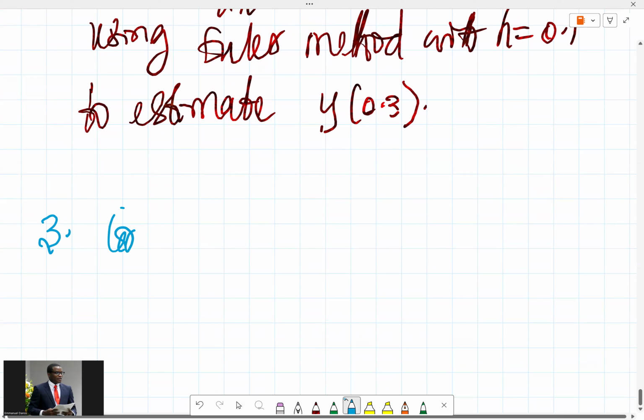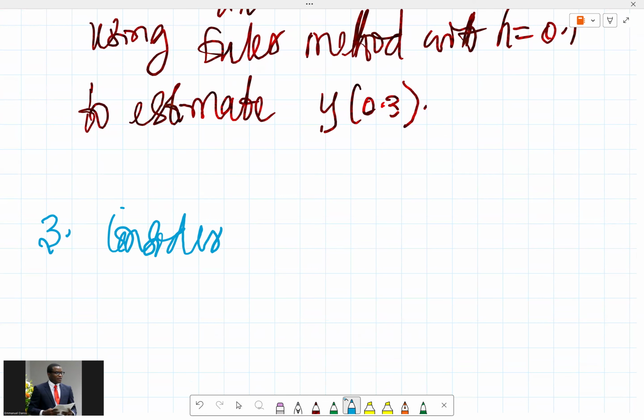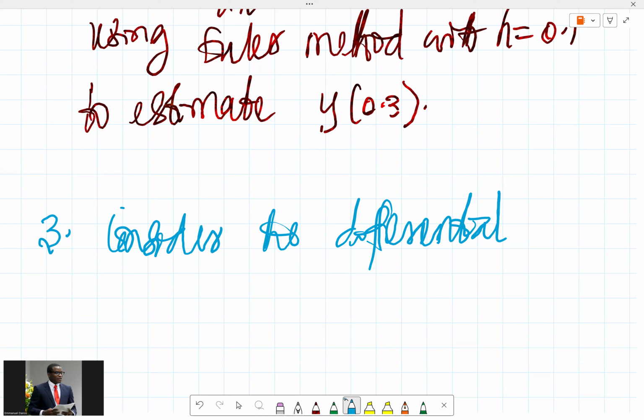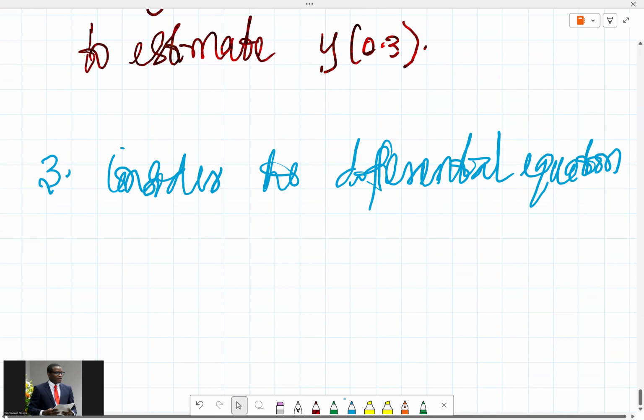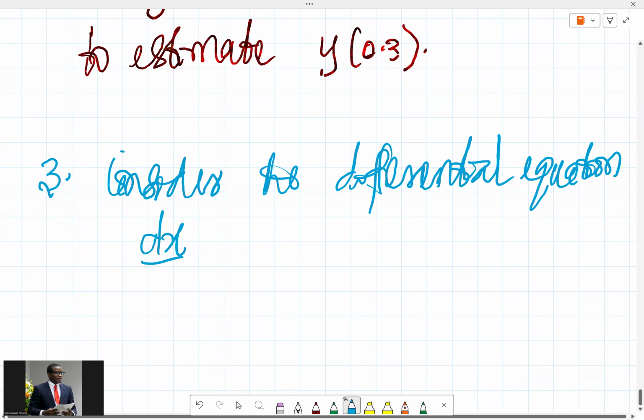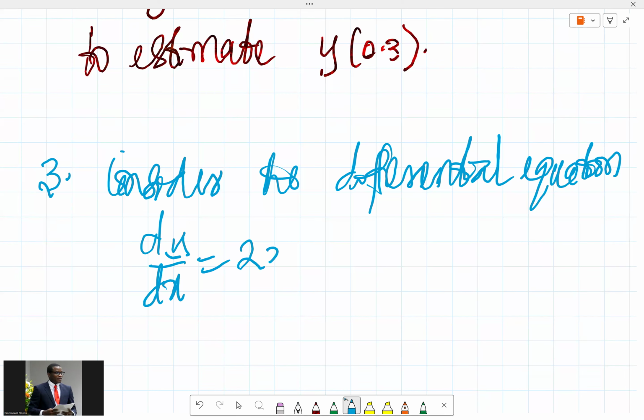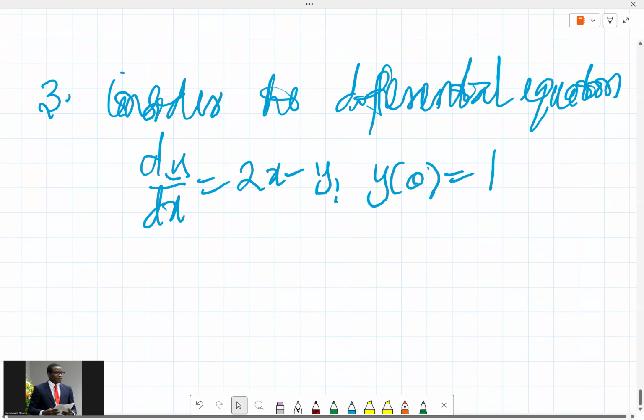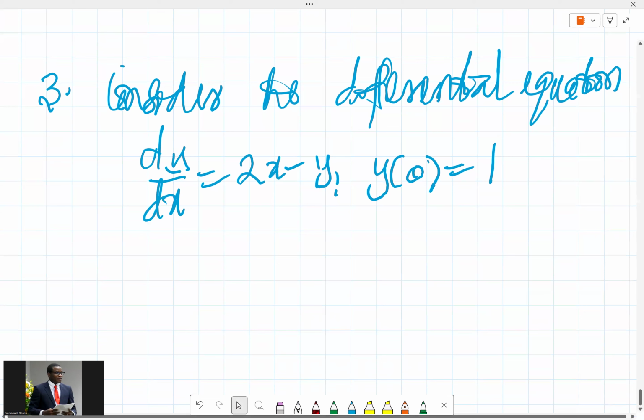Consider the differential equation dy/dx equals 2x minus y, and y of 0 is equal to 1.